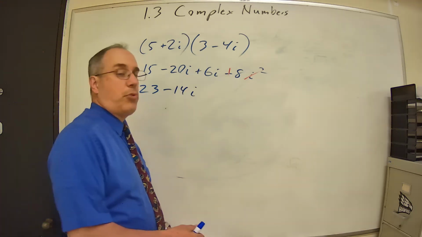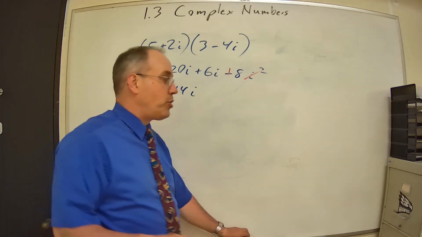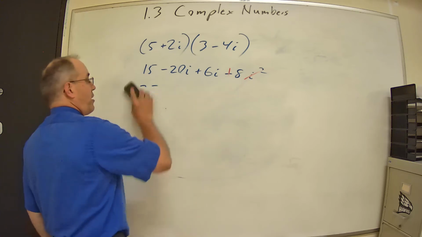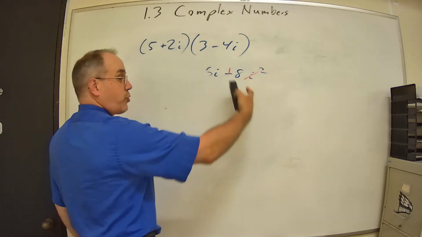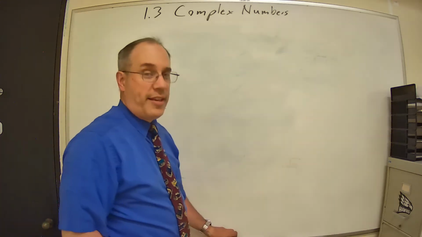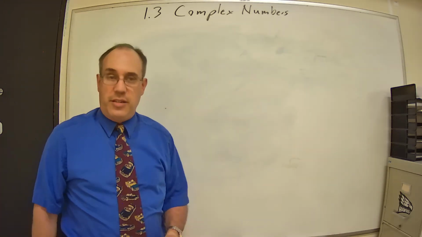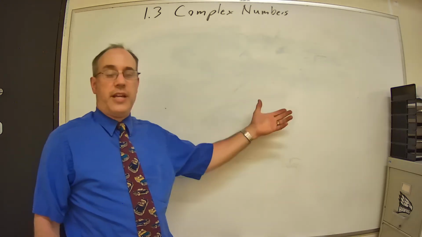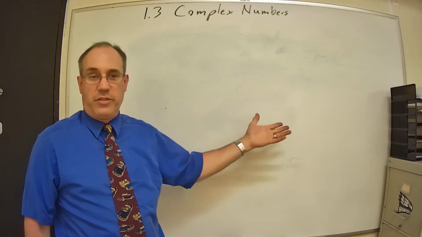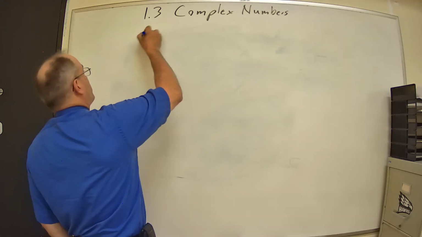So that's multiplying complex numbers. Not that bad. If you can multiply binomials, you can multiply complex numbers. Just remember i squared is equal to -1. A common mistake that I see people make is they leave that i squared in there instead of turning it into -1. Because once you turn it into -1, you can combine the real parts. Okay, well, what about quotients?